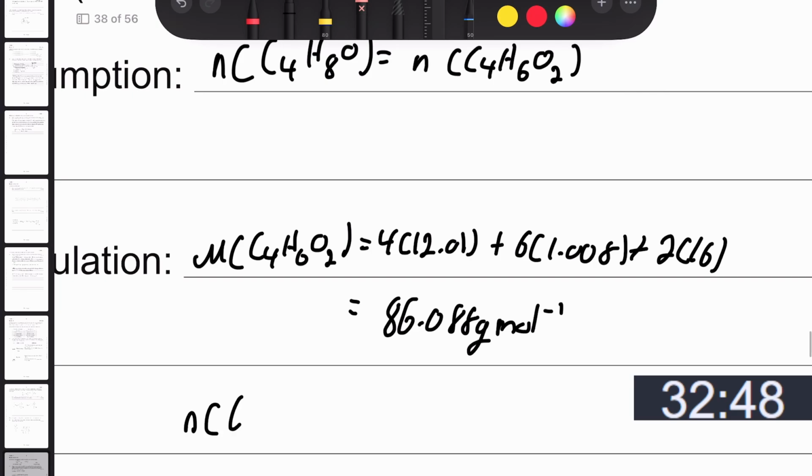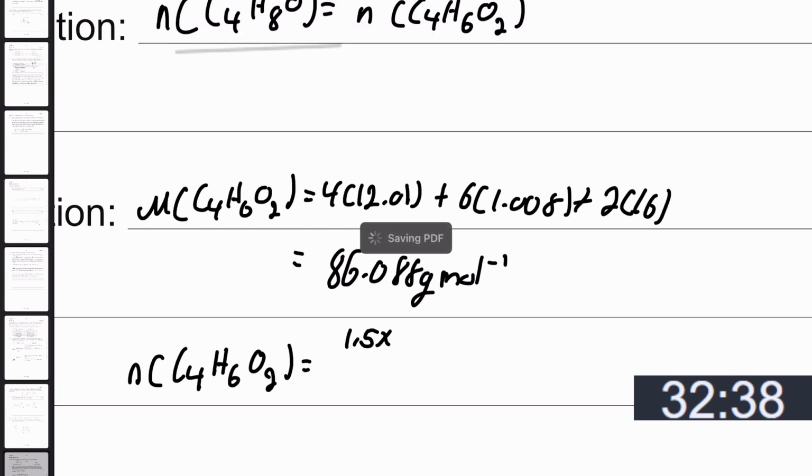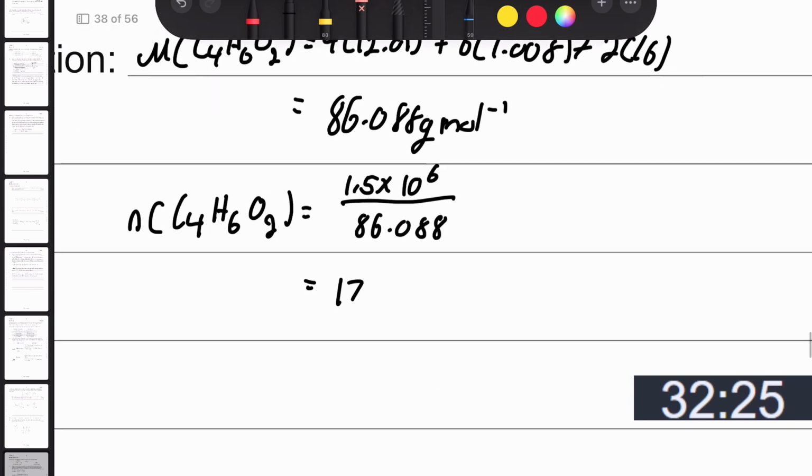Therefore, the number of moles of C4H6O2 is equal to 1.5 times 10 to the power 6 over 86.088, which gives 17424.03 moles.